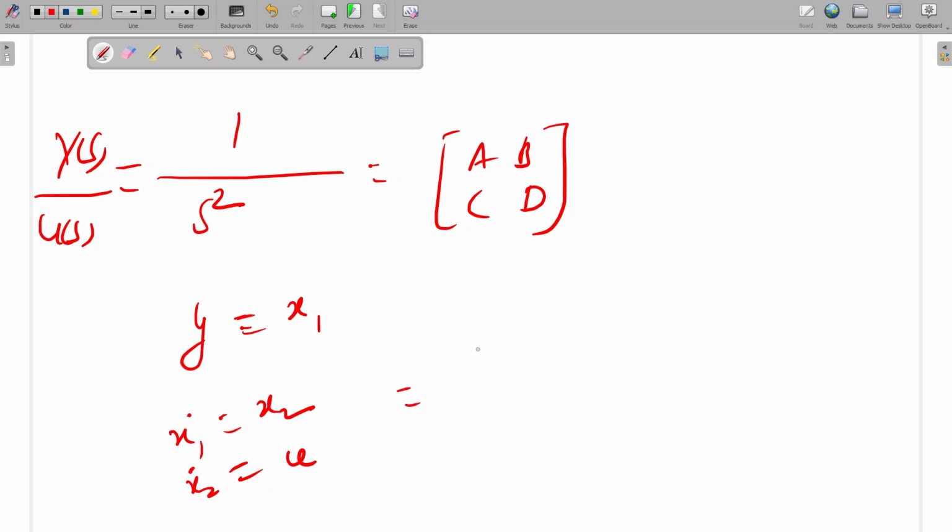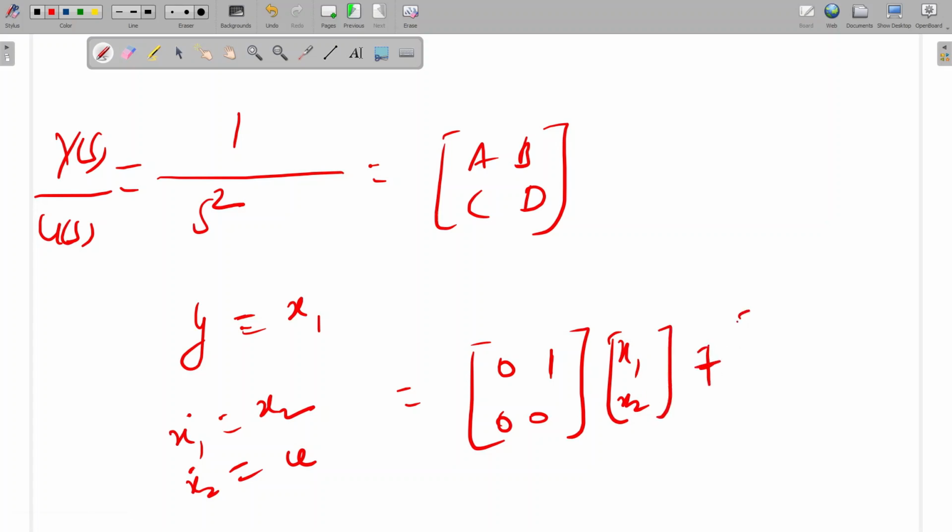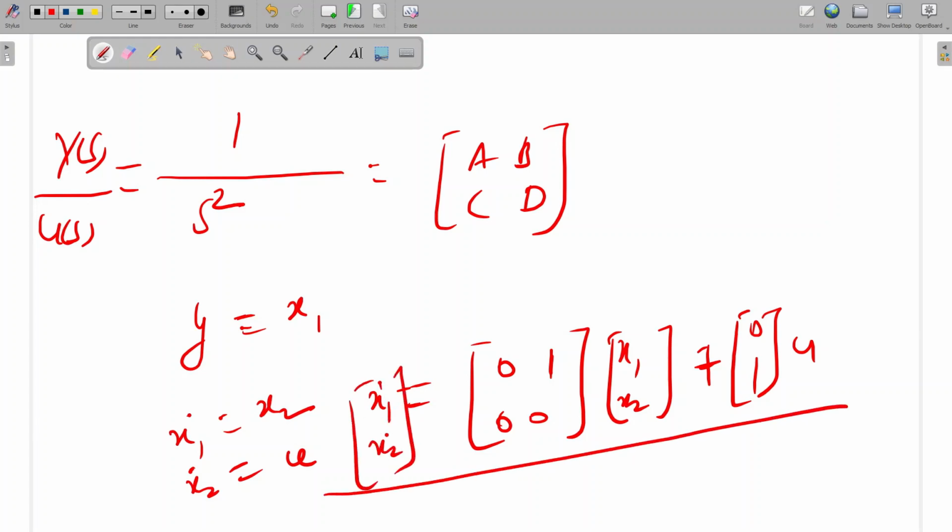If we write the matrix: x1 dot, x2 dot is equal to [0, 1; 0, 0] times x1, x2, plus [0; 1] times u. This is our normal equation, and y is equal to [1, 0] times x1, x2. Correct?